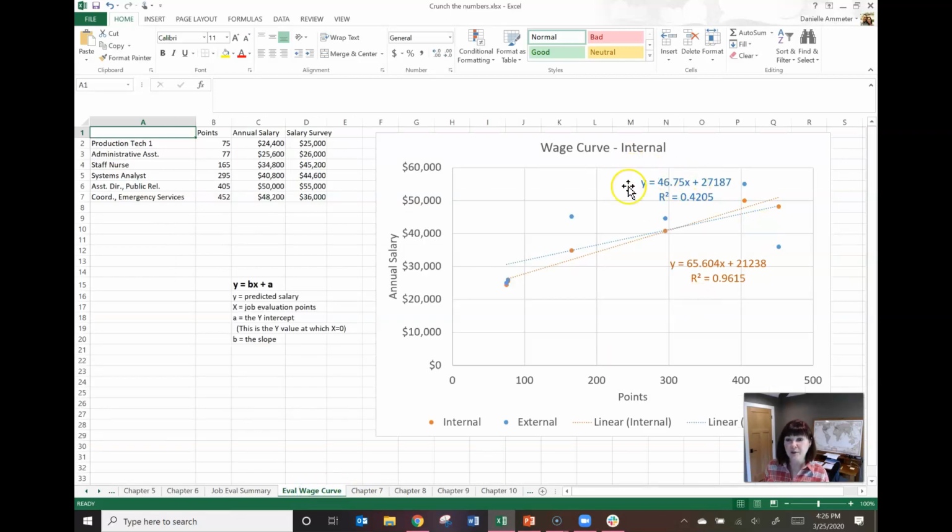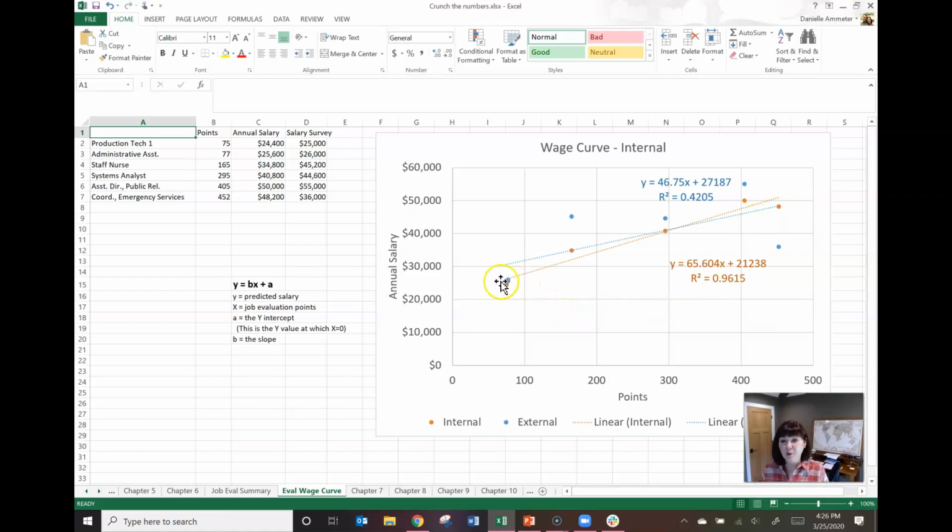So for each job evaluation point in the external market, it's $46.75. However, for our internal wage curve, not the market pay rate, it's $65. So it has a much larger, steeper slope, while the $46 is a lesser slope.